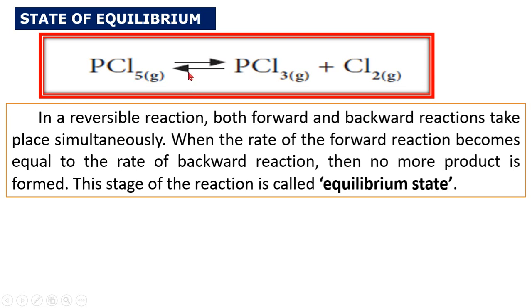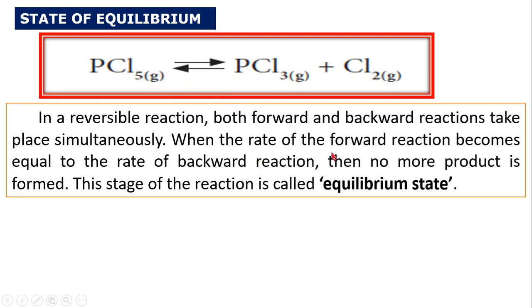Initially, the rate of the forward reaction is greater than the rate of the backward reaction. At a certain stage, the rate of both the reactant and the product remains the same. Here, there is no change in the concentration of both the reactant and the product.